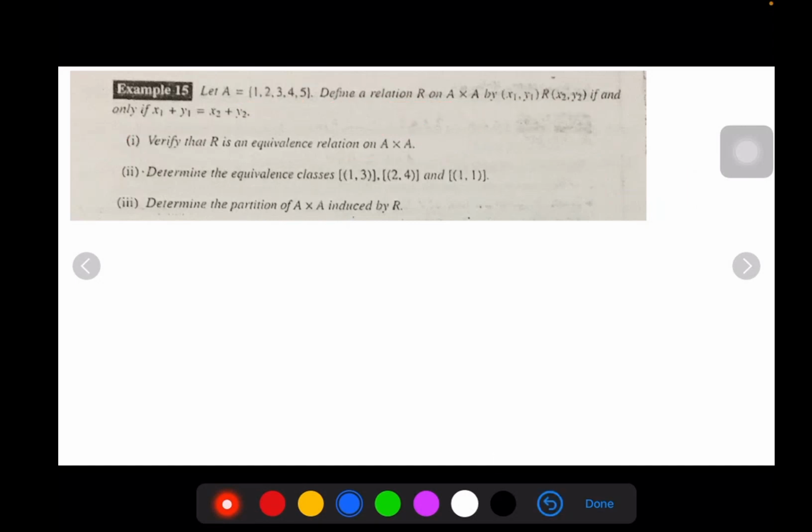So I'll start with the first sub-question. Since it is very general, we start with the general statement itself. For the first property, I have to take the reflexive property.